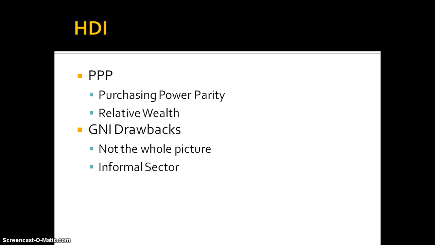Now, when we talk about other economic indicators, there's another one that's called PPP, or purchasing power parity. And this helps us to understand a little bit better the relative wealth of people within countries, because we're looking at the country's currency and its purchasing power in another country.